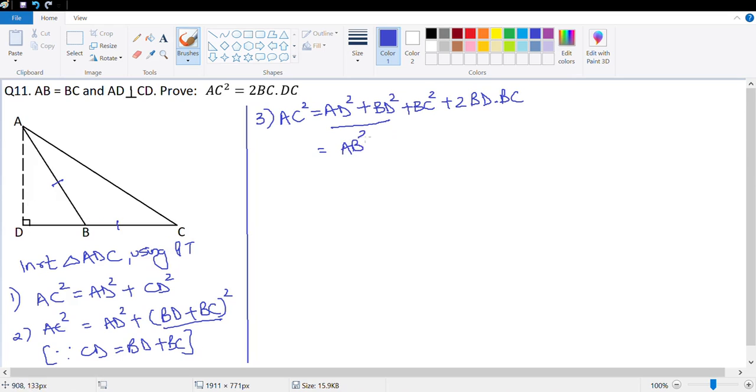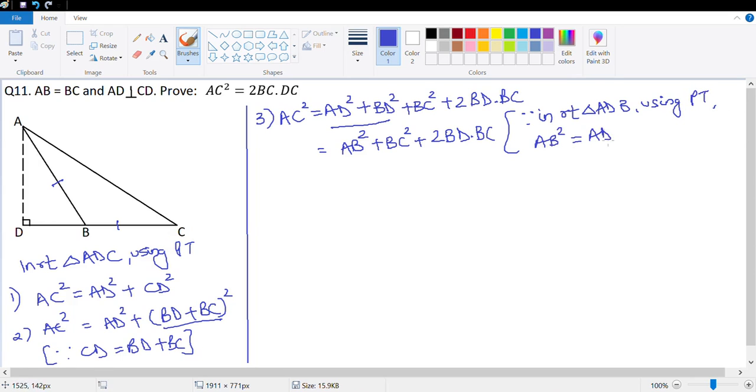So this is AB square plus BC square plus 2 times BD dot BC. The reason for this, since in a right triangle ADB, using Pythagoras theorem, we get AB square is equal to AD square plus BD square. So that's the only thing we've done.